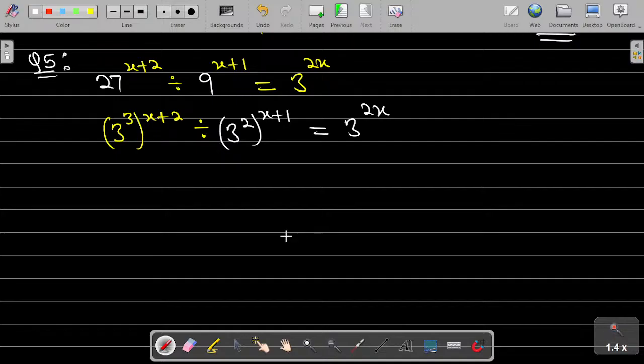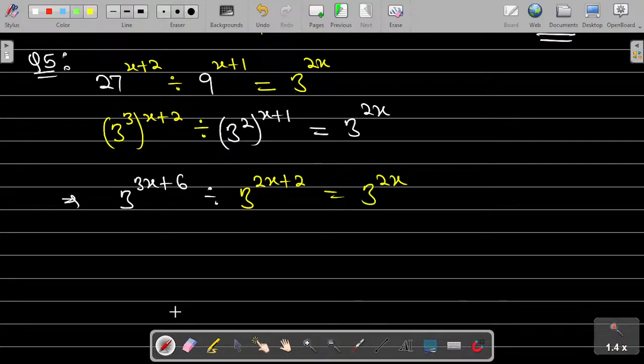Okay, so now what are we going to do with that? We can now try to apply our division rule. First of all, let's open the brackets. So that's going to be 3 raised to the power of, this 3 will multiply everything here, which is 3x plus 6, divided by, in this case, 2 will multiply everything here, which is 2x plus 2, and that's equal to 3 to the power of 2x.